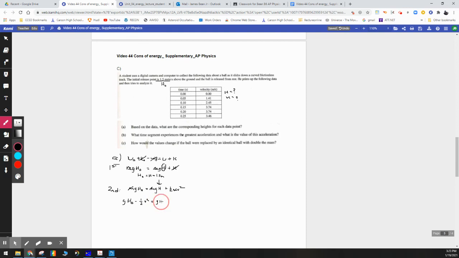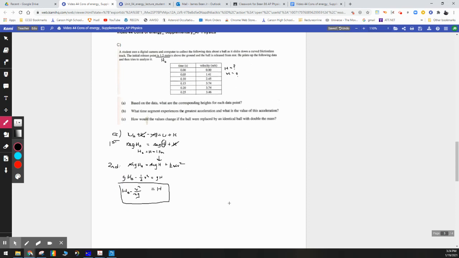To solve for h, if I divide by g, I'm just going to have the initial height minus v squared divided by 2g. This is how we would calculate the height. Go ahead and try it out for the next 4 values.